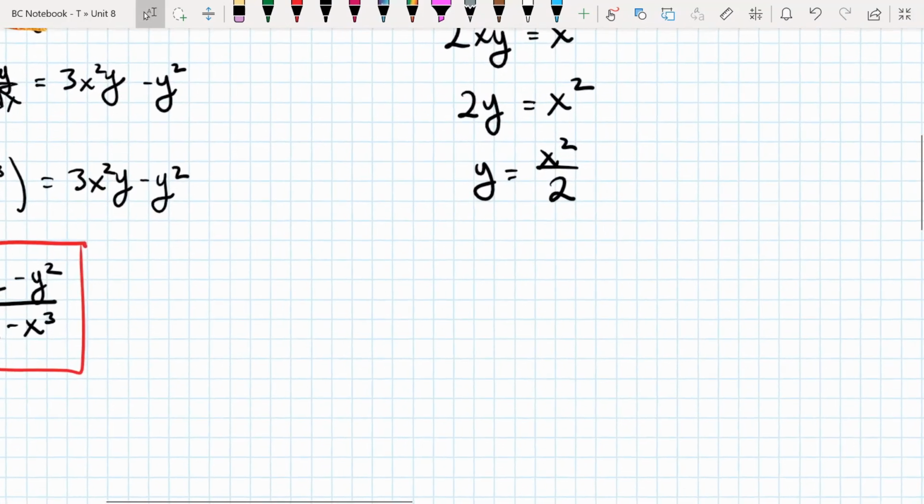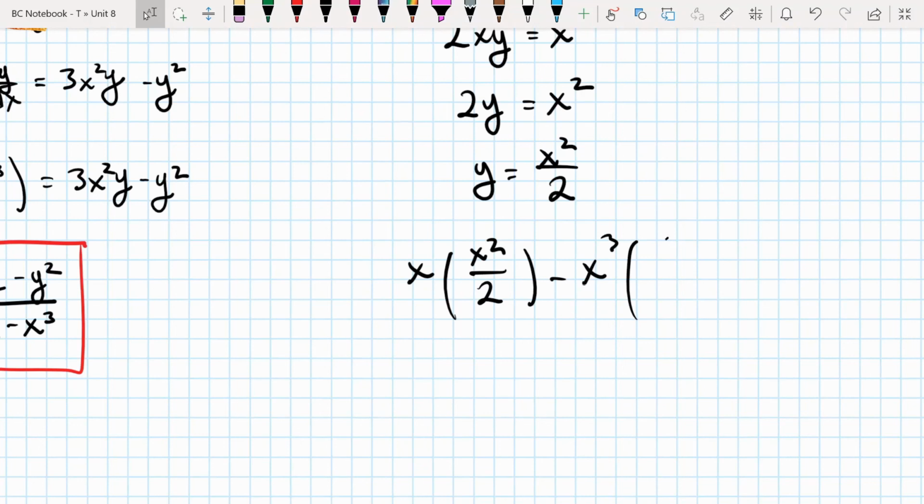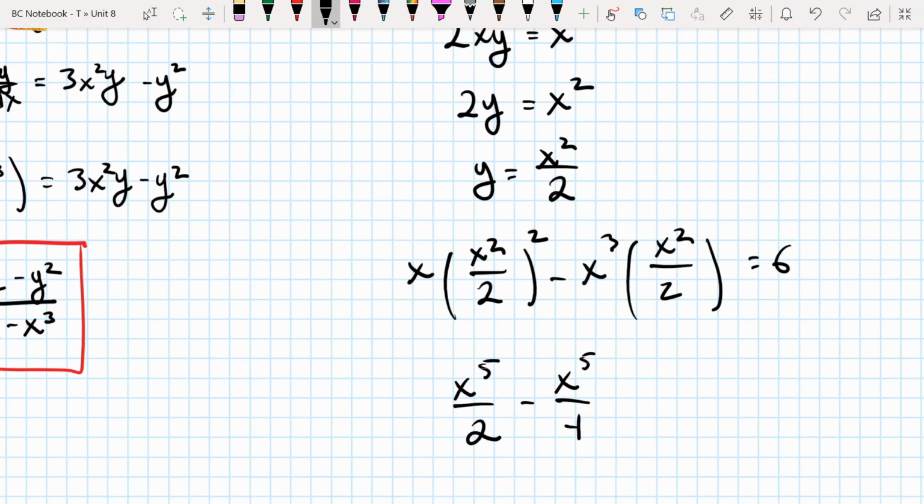Okay, so if we do that, you get x times x squared over 2 minus x cubed times x squared over 2. There should be a squared right here. Equals 6. And so we get, well, it's x squared, so it's x to the 4th times x is x to the 5th over 2 minus x to the 5th over 4 equals 6.